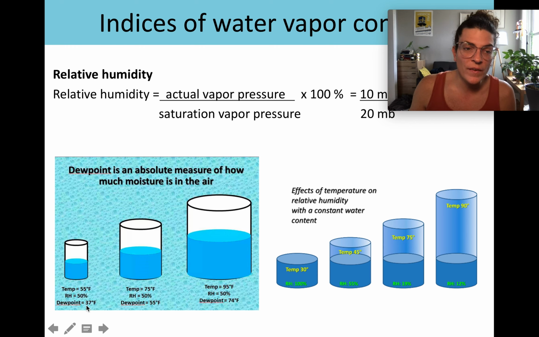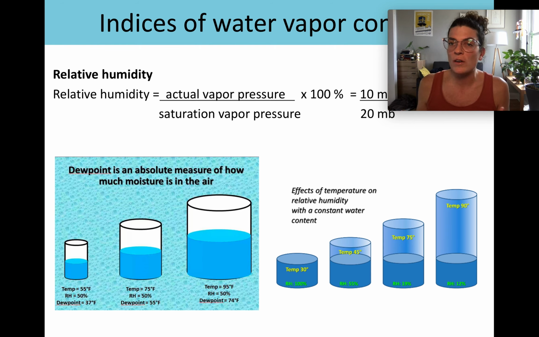So for a 55-degree parcel of air with 50% relative humidity, the dew point is 37 degrees Fahrenheit, which means that if I take this parcel of air and cool it down to 37 degrees Fahrenheit, it is going to be 100% saturated. It's going to contain as much water vapor as it possibly can hold.